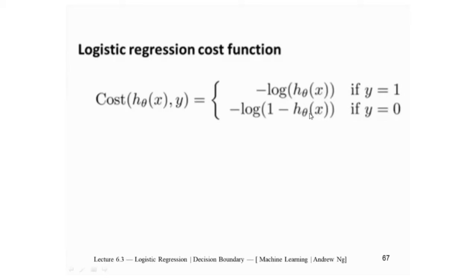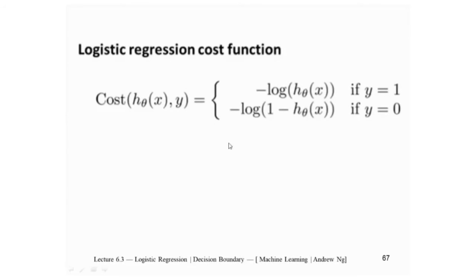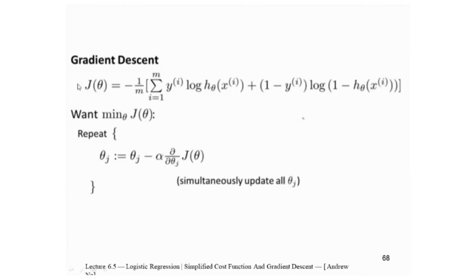We have some mathematical steps involved in that. I ignored that. If you want to see it in detail, you can go through that. Then after combining these two, you will get this cost function, or you can say the objective function as a whole. Then you try to minimize this cost function J theta.